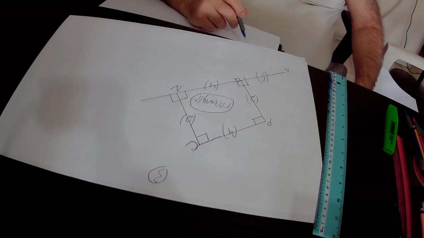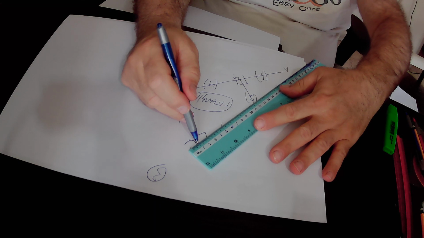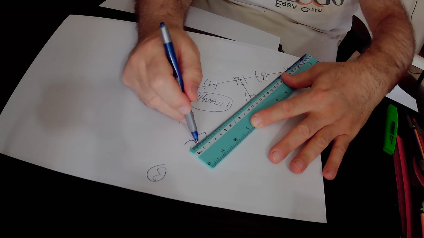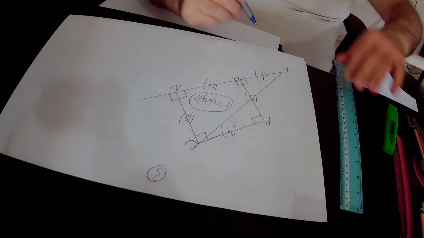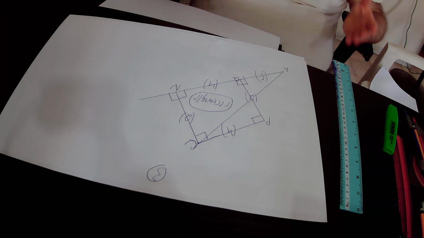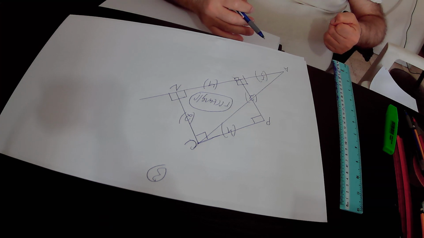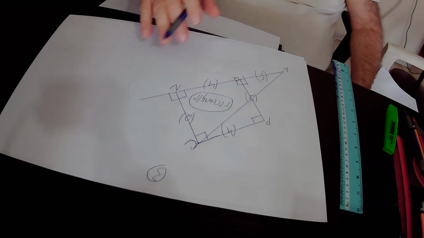In the next step, we join points C and A together by a straight line. By joining points A and C, we created the right triangle ACN. In the next step, we'll implement the Pythagoras theorem on this right triangle ACN.